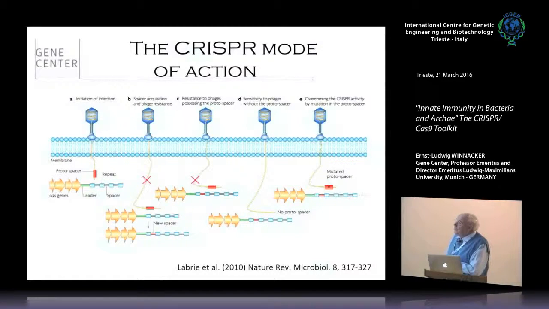There are certain sequences, which I come to in a minute, between 30 and 40 nucleotides long, so-called protospacer sequences, which are integrated somehow, I will come to that later, into the CRISPR site, and I come to that again, so that the bacterial genome now contains this little piece of the viral DNA.